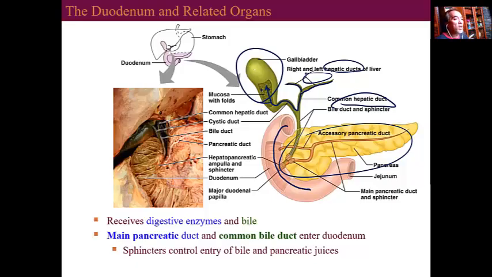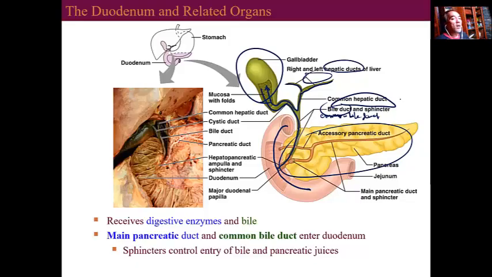The bile squeezed from the gallbladder will pass through the cystic duct, and then it's going to be called the bile duct, and then it goes to the duodenum. Sometimes it's commonly called the common bile duct. It goes into the duodenum in order to further assist in the digestion of fats.